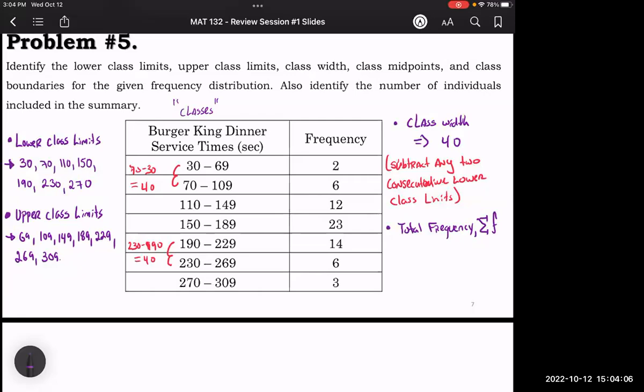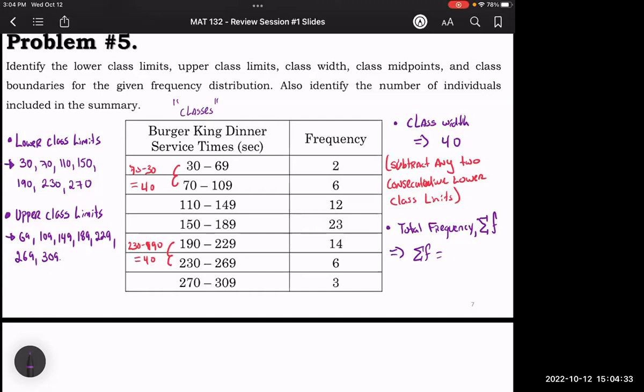So the sum of f, your total frequency, you just add up the frequency in the second column, right? You take 2 plus 6 plus 12 plus 23 all the way down. So if we add that up, what do we get? Here you might actually have to use a little calculator. 66.